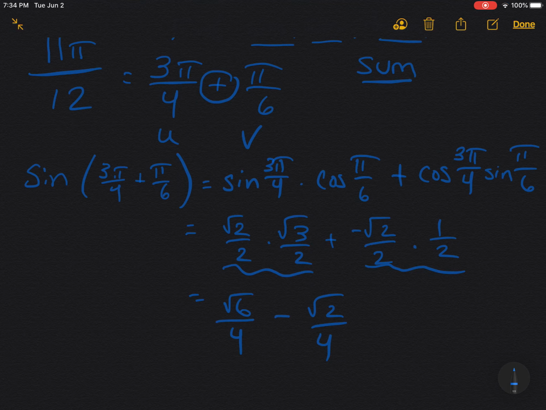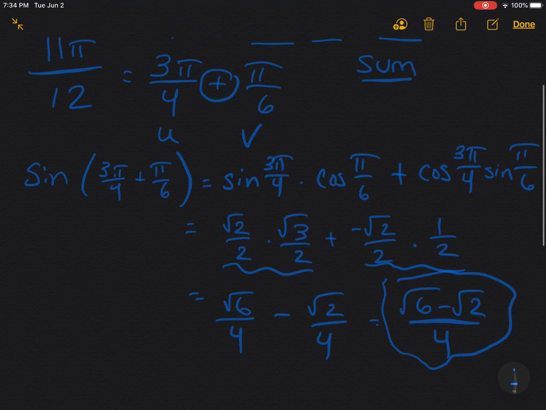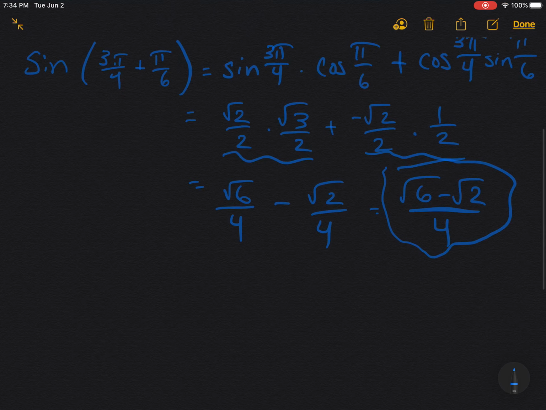And now we've got to simplify this. Since they have the same denominator, we can go ahead and combine those numerators. Now you have an option. You can leave your answer like this, but when I give you problems to do in the book, you're going to see that they're going to further simplify this. So how do I further simplify?